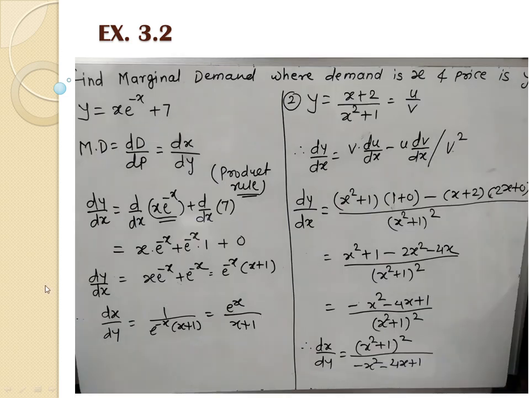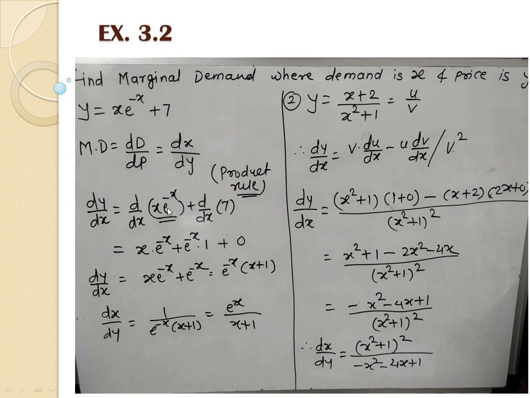Next, find the marginal demand when demand is x and price is y. We know the formula of marginal demand is dD by dp, means derivative of demand with respect to price. In this example given that demand is x, so D is equal to x and price is y, that is p equal to y. So we have to find dx upon dy. For that, first we have to find dy by dx, which is d by dx of x e raised to minus x plus d by dx of 7.